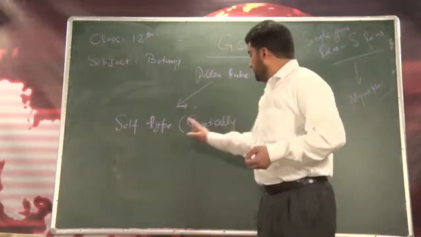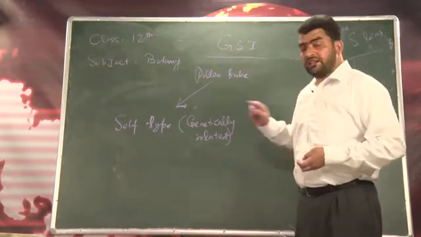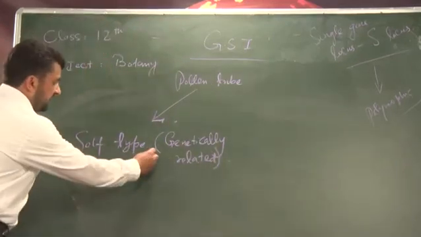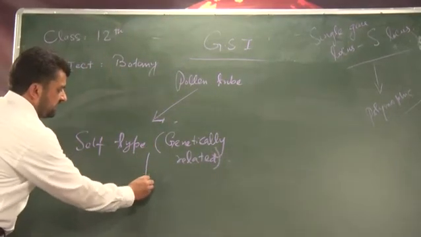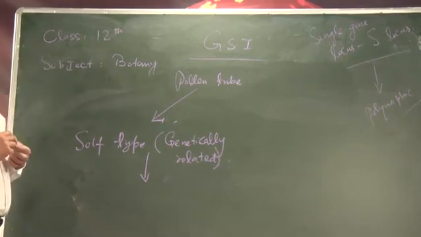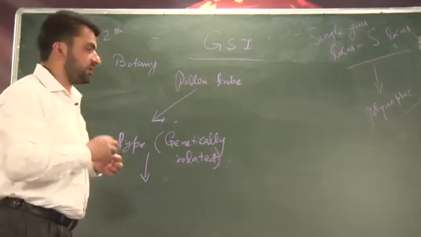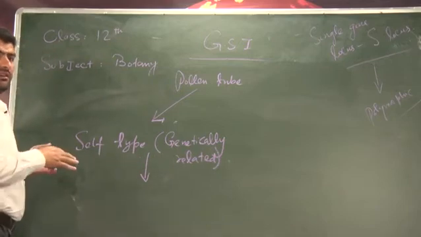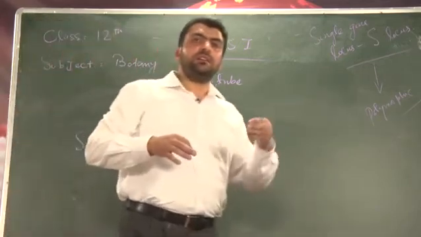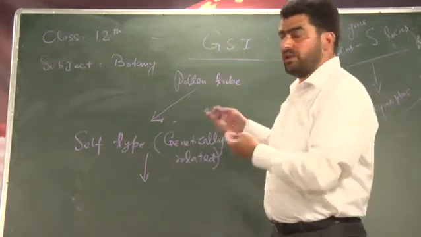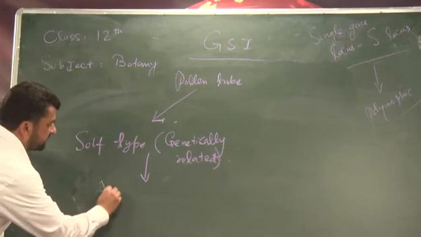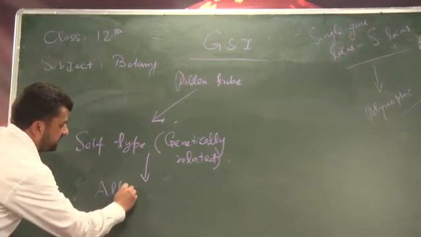If it is self type, that means genetically related, then this S RNase is allowed to survive; it remains as such in the cytoplasm of the pollen tube.